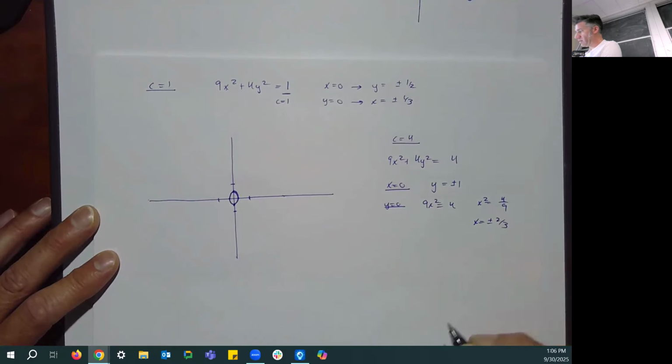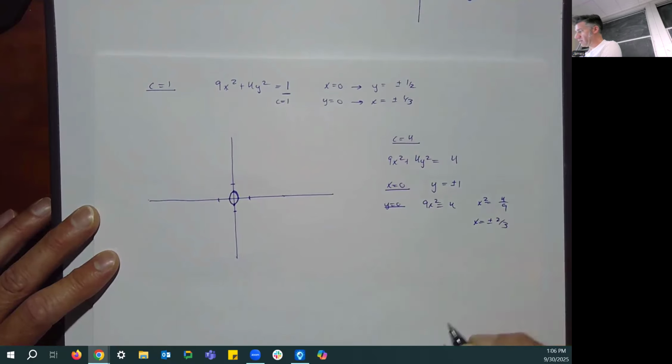So we've got an idea what's happening now. We can see that as we go higher in elevation, our ovals get larger. Let's go really big. Let's say we go all the way up to c equal to 36. Super high. If we graph that, we're going to have 9x squared plus 4y squared equal to 36. Again, I'm just finding the intercepts.